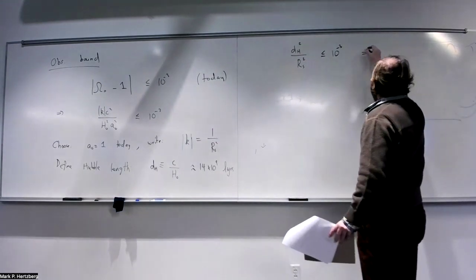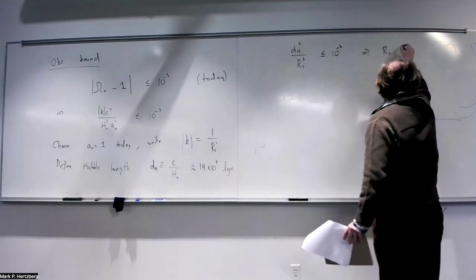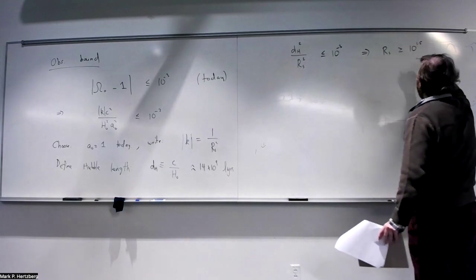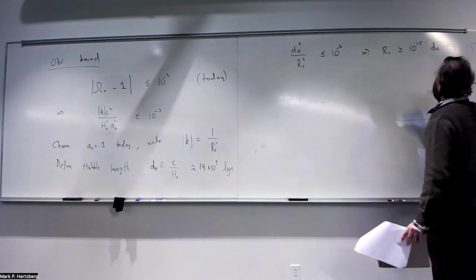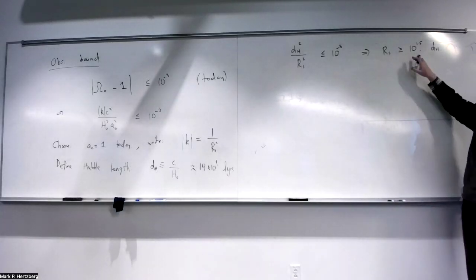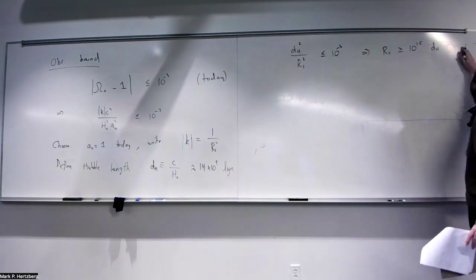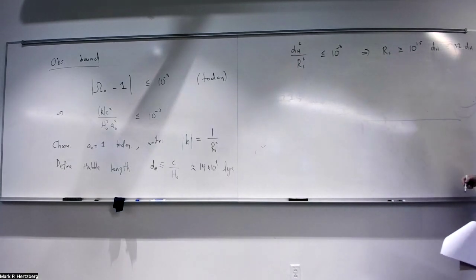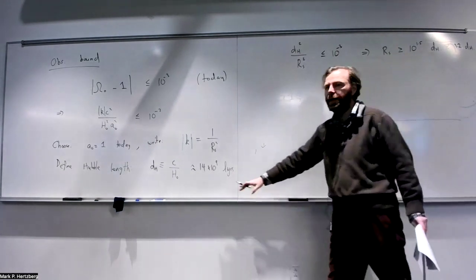Okay, so this implies a bound on the radius of the sphere. It's therefore greater than 10 to the 1.5, if you like, the Hubble length. So it's greater than 10 to the 1.5, that's like 32 d_H. And that's already 14 billion light years.